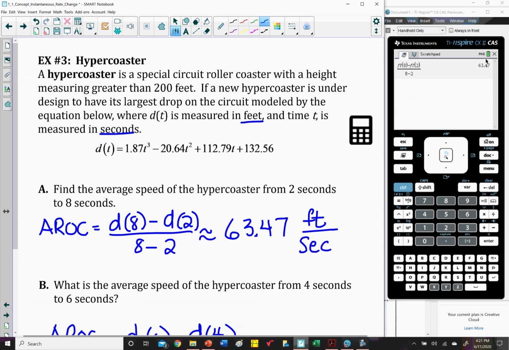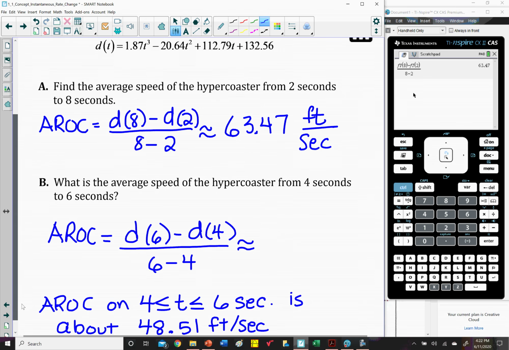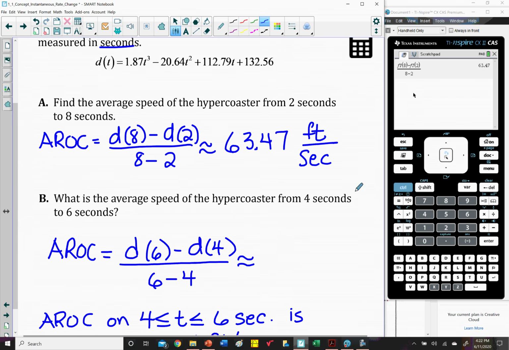We don't have a third decimal here. What's the average speed of the hypercoaster from 4 seconds to 6 seconds? So just repeating that, I'm going to grab this expression and paste it and put from 6 seconds to 4 seconds, and do the same thing down here, 6 minus 4.